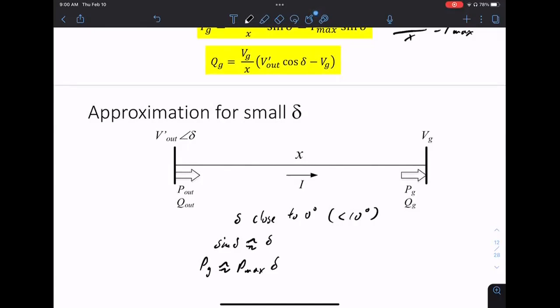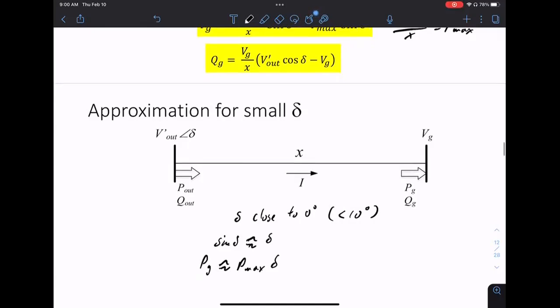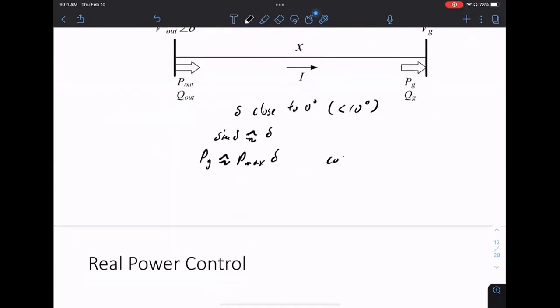Cosine is 1 minus delta squared over 2. If delta is small, delta squared is doubly small. We don't care about that term, we're going to throw that away. So this is 1 minus delta squared over 2, which is really approximately 1.